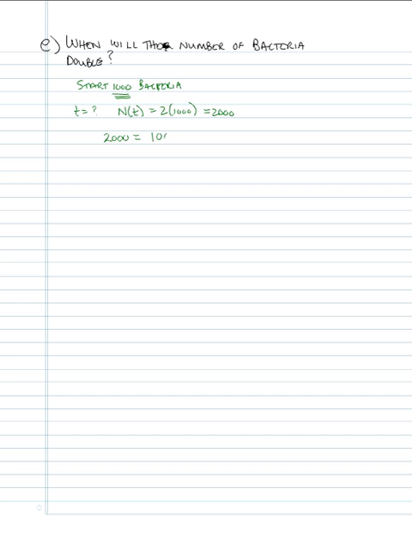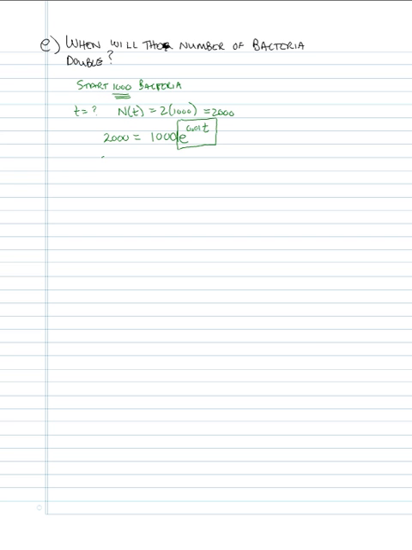Now the other side of the equation, or the model, looks like this. So it's the t that we're looking for that causes the left side to be 2,000, double the 1,000. Now, this is just another exponential equation, isn't it? So we need to once again isolate this part of the equation.